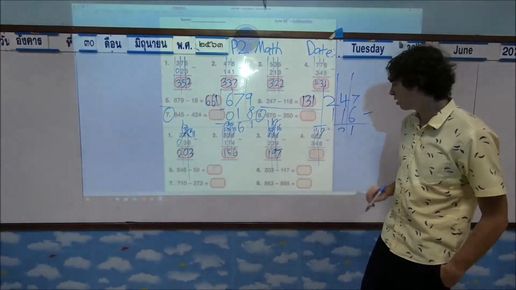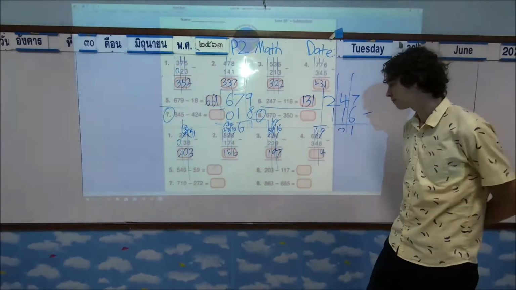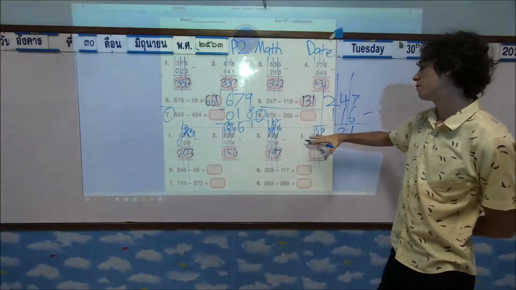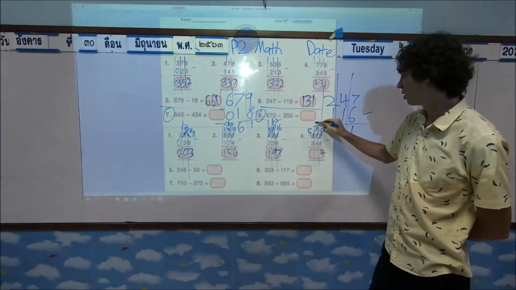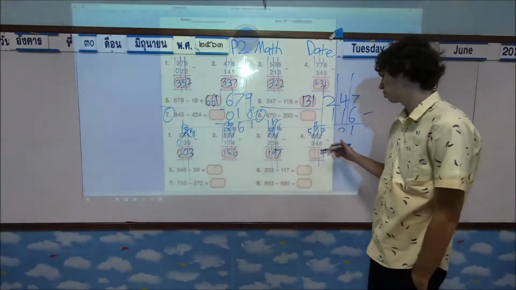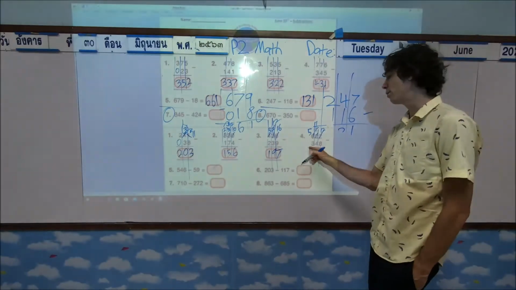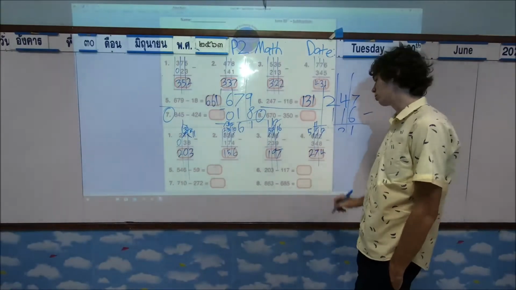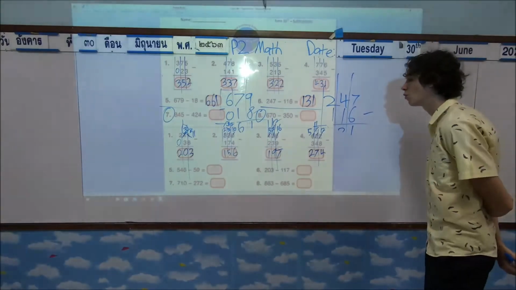Plus 10 is 12. 12 minus 8 is 4. 1 minus 4, we cannot, we have to borrow. 6 minus 1 is 5. 1 plus 10 is 11. 11 minus 4, 7. And 5 minus 3 is 2. The answer, 274.